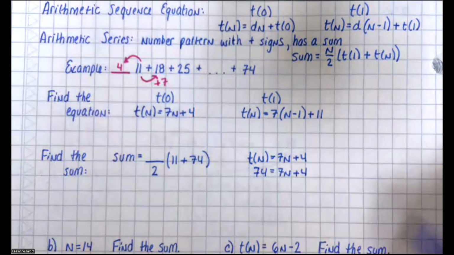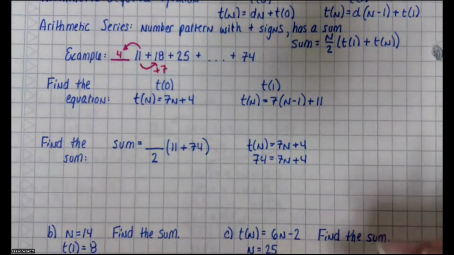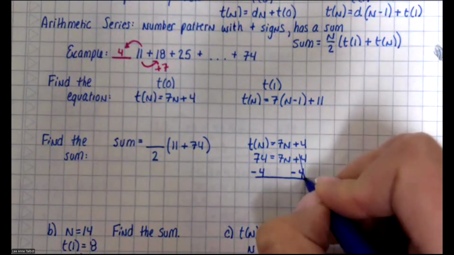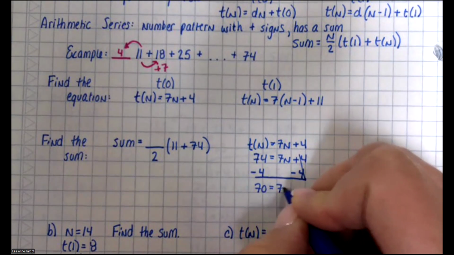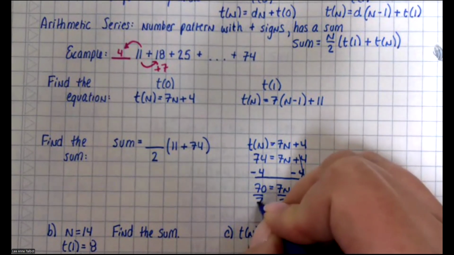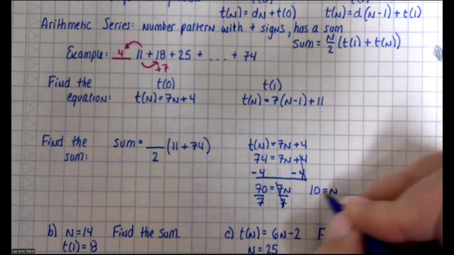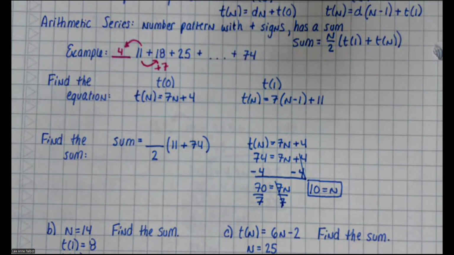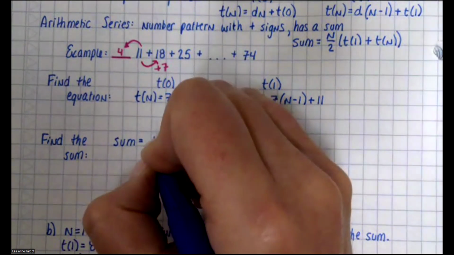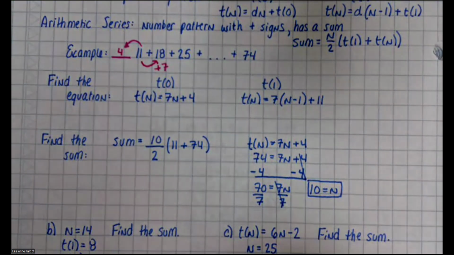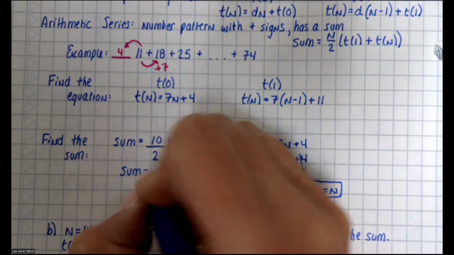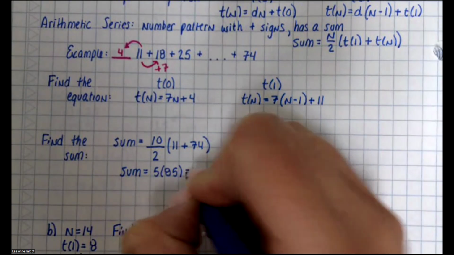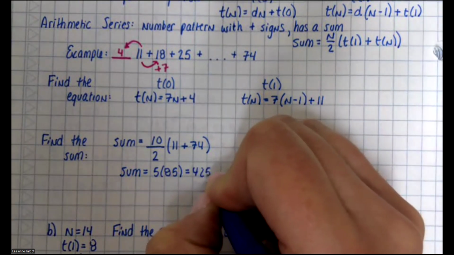And then you're going to feel kind of silly after you solve this because we probably could have just counted. So that means 74 is in spot 10, which means that I'm adding up 10 numbers, which means that my sum is 425.